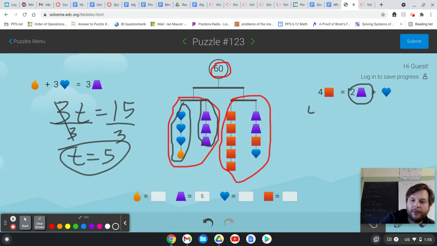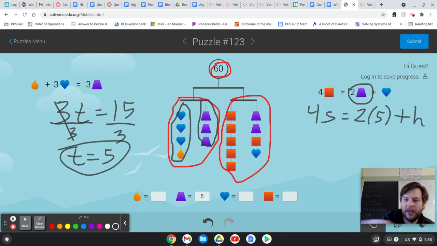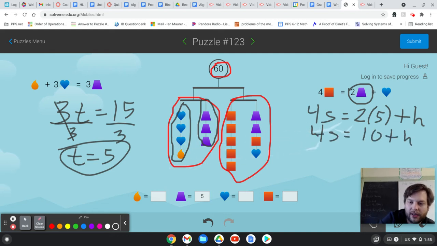So then I have 4 squares equals 2 trapezoids. Each trapezoid's worth 5 plus a heart. So now I know that 4 squares is equal to 10 plus a heart. Okay? And I can do even a little bit more than that because I know, just like on the left side, how I made the trapezoids equal to 15.